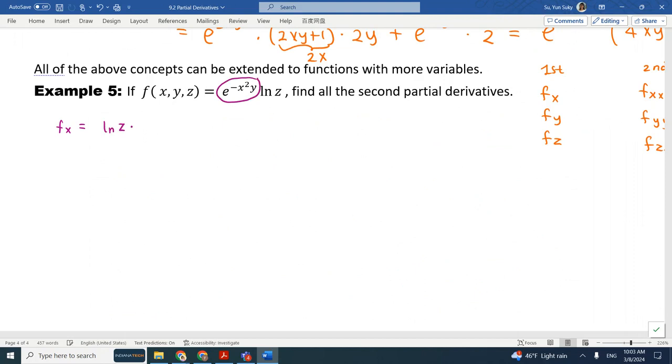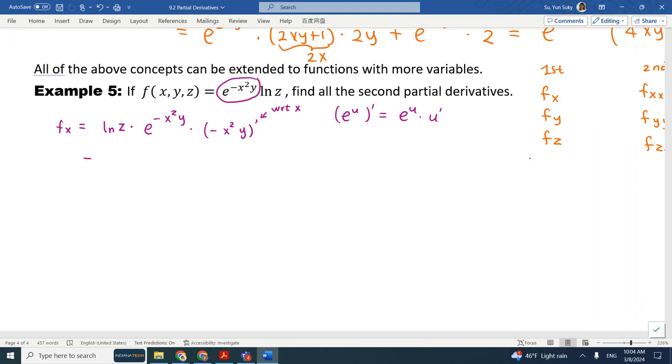And then, see, this is like e to the u. What's the derivative of e to the u? Yes, e to the u times u prime. So e to the u is e to the negative x squared y, right? And times u prime, the derivative of negative x squared y, and this prime is with respect to x. So far, so good, everybody?